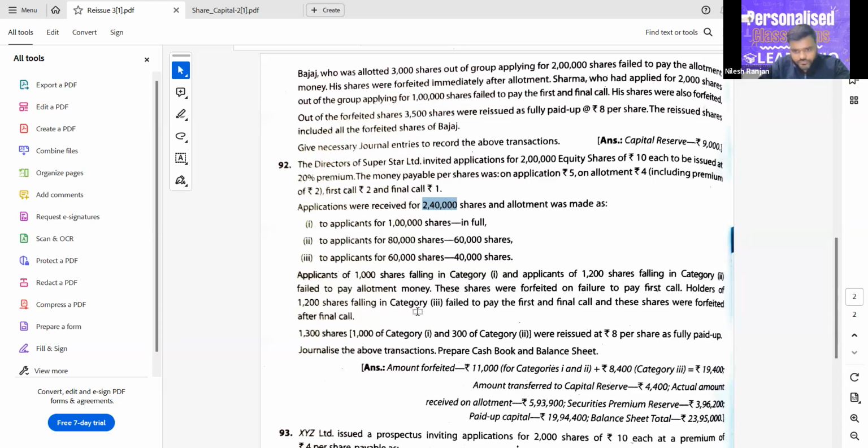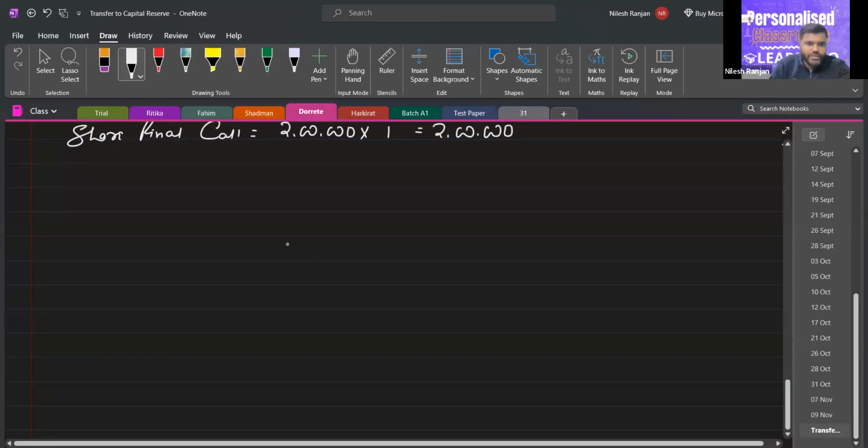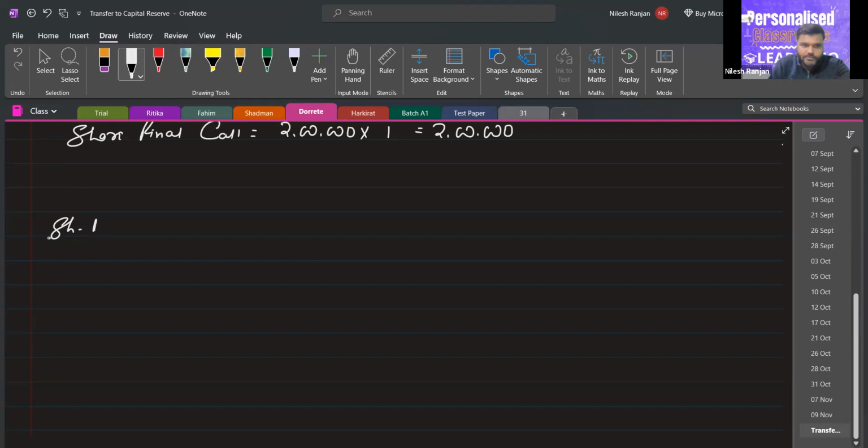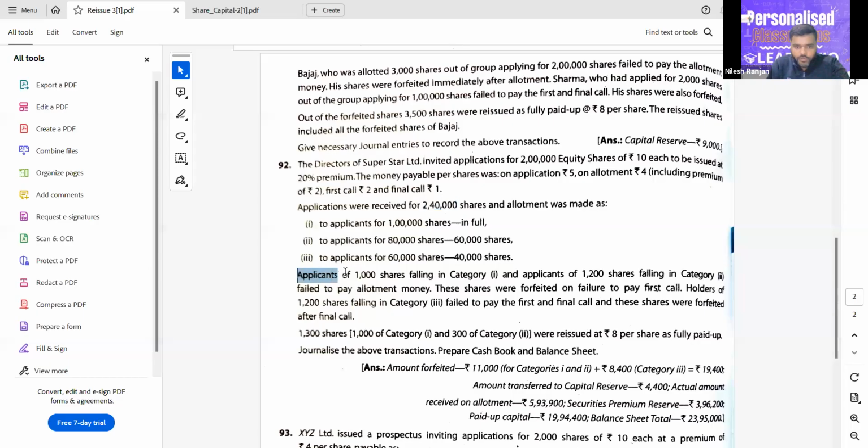So now there are 3 shareholders: shareholder 1, shareholder 2, and shareholder 3. I'm doing this calculation like this. Actually, I will generally do this vertically, but I'm writing this for you horizontally so that you will see all 3 cases. Now, in first case, there is applicant of 1000 shares.